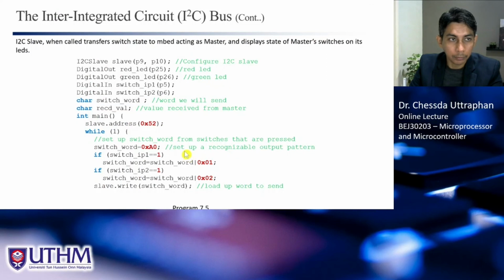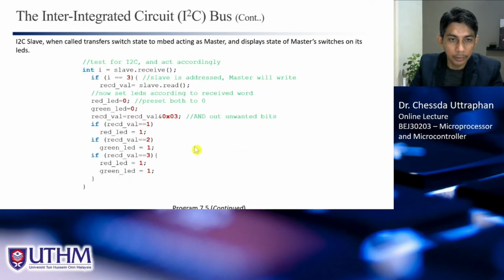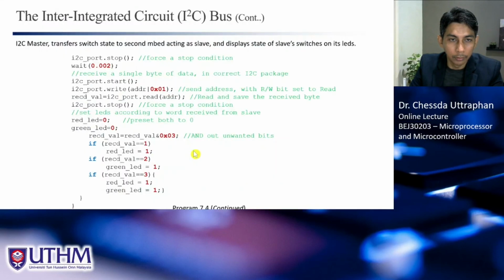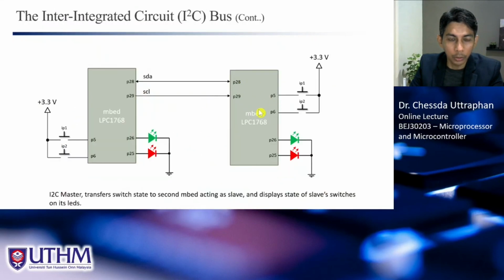This is another program for the slave. Because both are microcontrollers, you need a program for each, right? And of course this one is not 28 29, but 27, yeah, change.